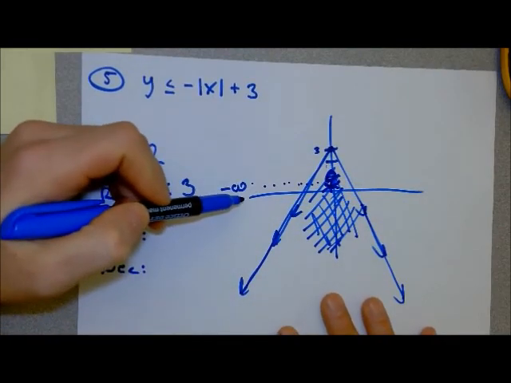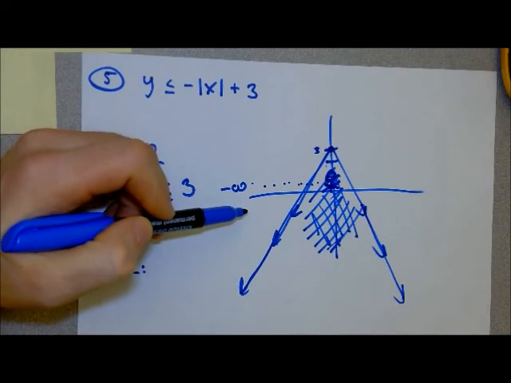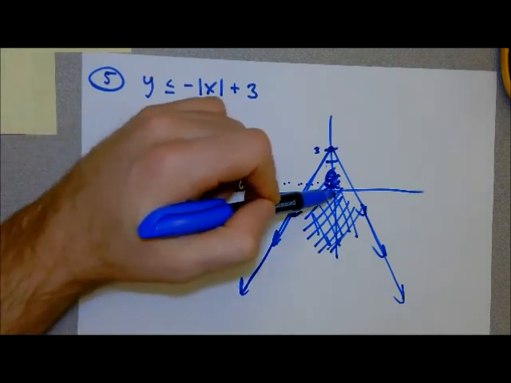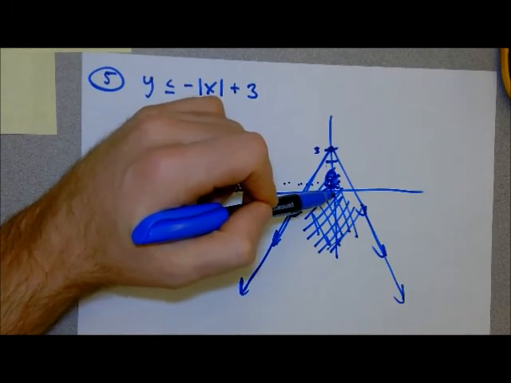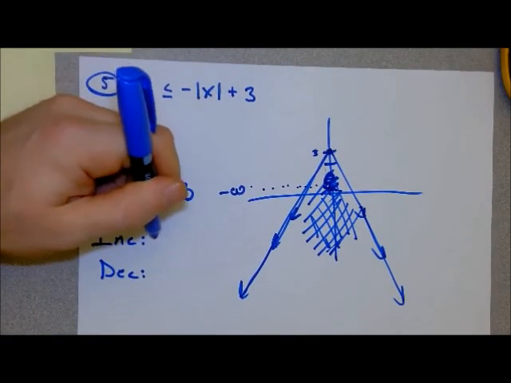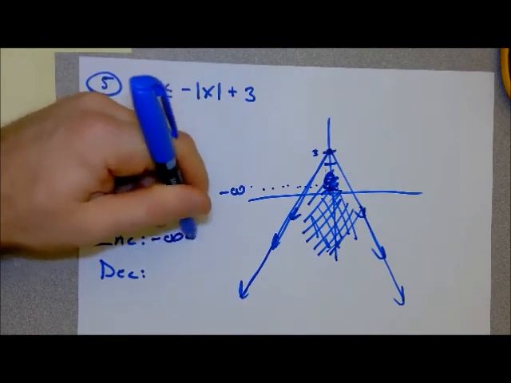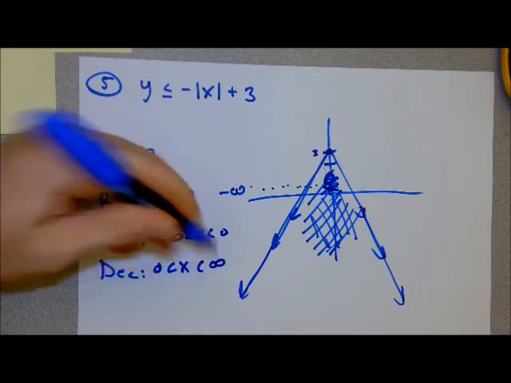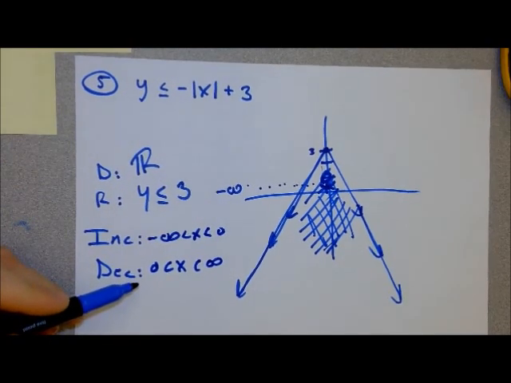Remember, your answers for increase and decrease are always x values. The increase in this problem would be from negative infinity to 0, and then it turns around from 0 to infinity and goes down. So the increase is negative infinity to 0. The decrease is 0 to infinity.